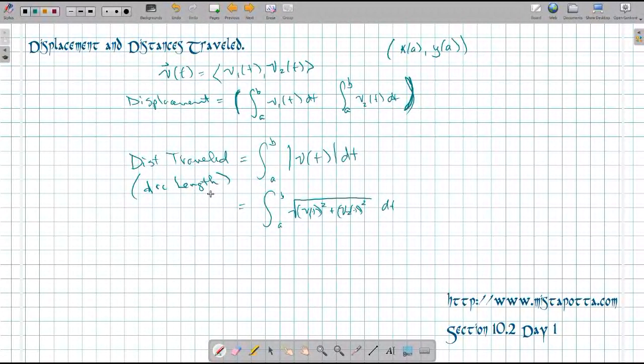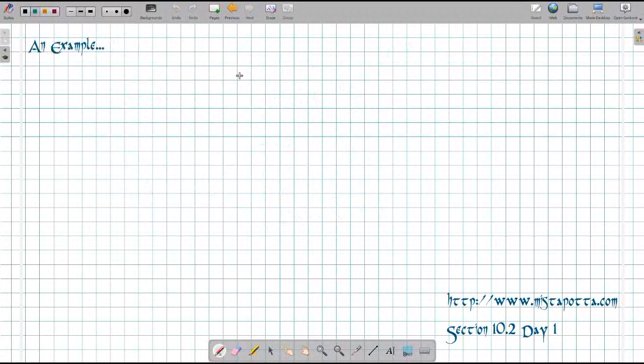So I want to do one more example here. I want to take a look at a particular situation where I'm starting with a velocity vector that's equal to 3t squared and 1 plus cosine of pi t.